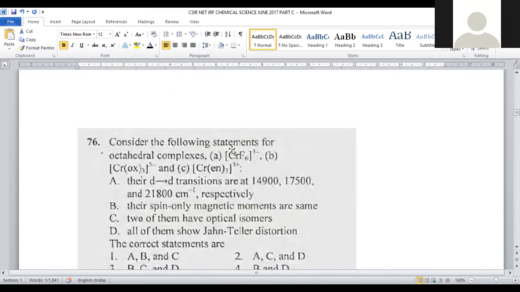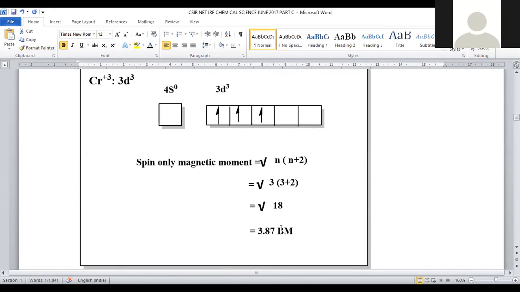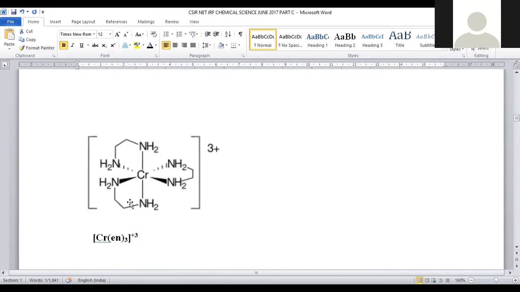That's the reason why, compared to compound number 1, compound number 2 is associated with 17,500 as the d-d transition energy, right? Because of chelation, because of the bidentate nature of oxalato, the energy transition will be higher. When we consider ethylenediamine, let us see the structure of this tris ethylenediamine chromium complex. This is the complex. Chromium is associated with the 3 ethylenediamine units in this manner.